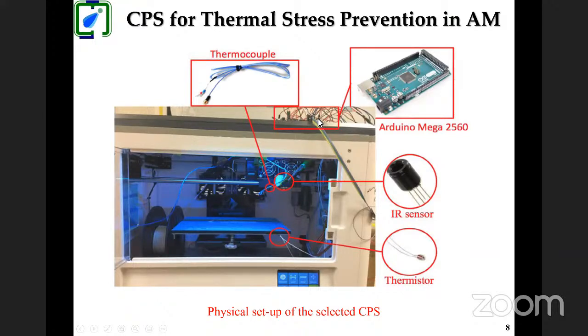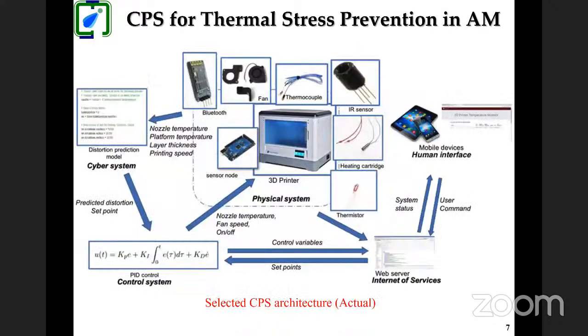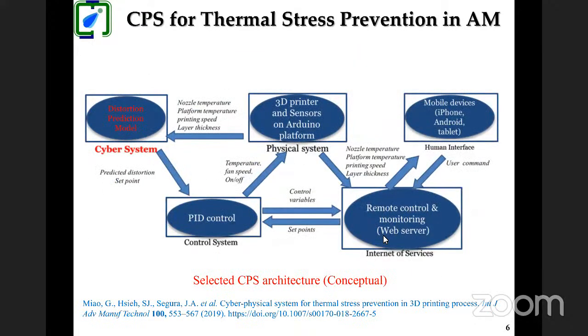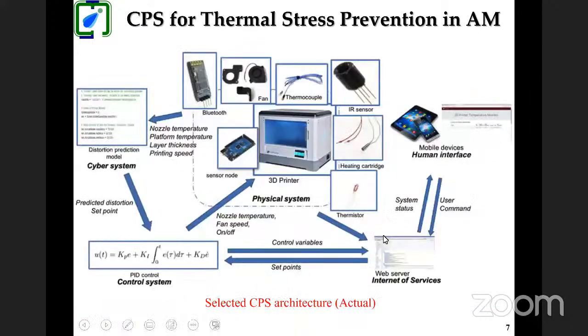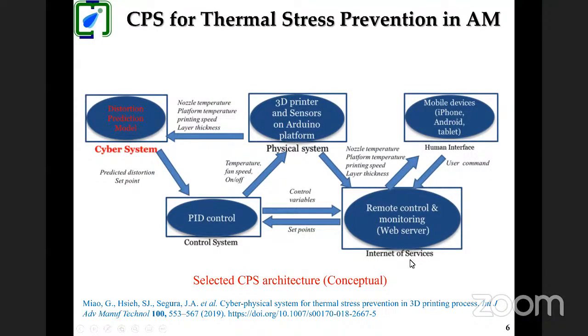At the top, we have coupled it with the Arduino Mega controller, and there's a thermistor over here, which sends the 4 parameters: nozzle temperature, bed temperature, printing speed, and the layer thickness, which is passed to the CPS system, and from CPS system to the PID controller, as well as your internet service, which is your web server. This remote control and monitoring web server is nothing but Internet of Services.